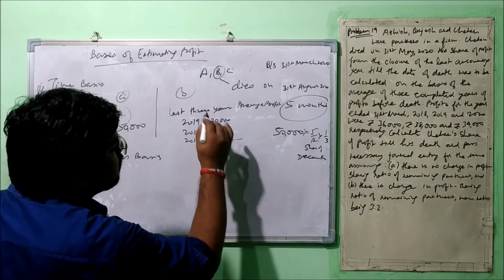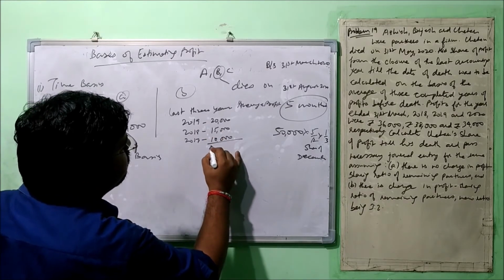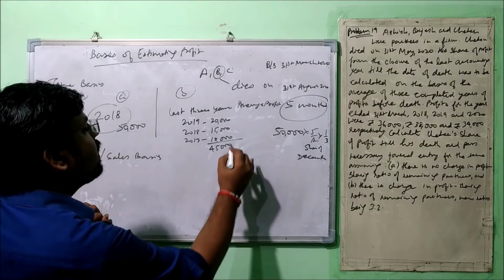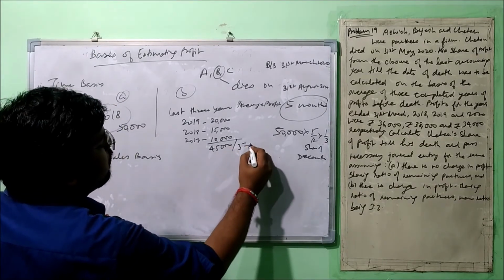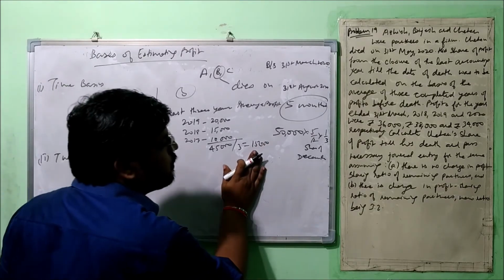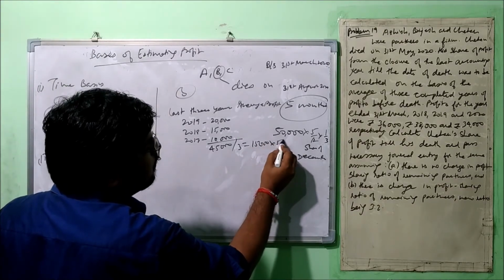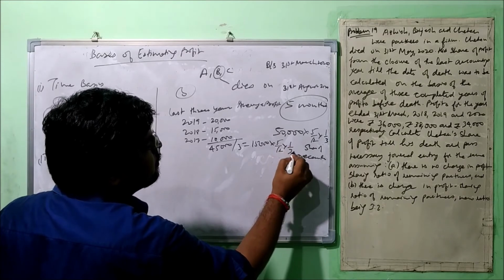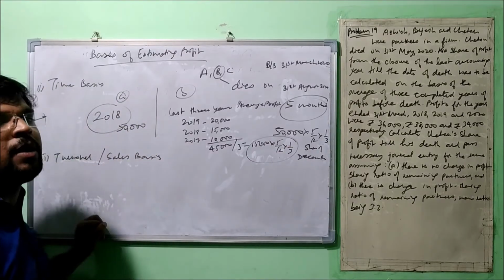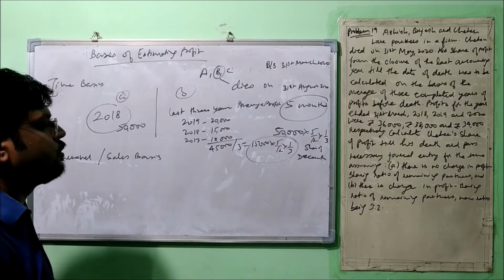So we will make the total of these. It becomes 45,000, and then it will be divided by 3. It becomes 15,000. Now with this 15,000, we will do the same: multiply by 5 by 12, and then take the share of the deceased partner, and whatever amount comes will be known as the deceased partner's share of profit.